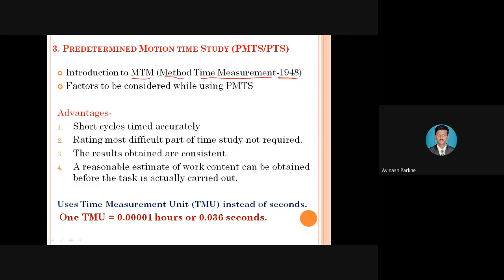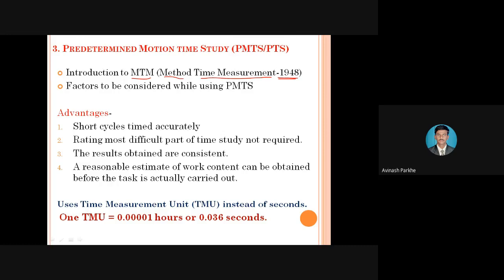If again modifications take place, it becomes MTM3, then MTM4. Like that, a number of modifications take place, and accordingly the name is given in the form of 1, 2, 3, 4. And this PMTS, predetermined motion time study, is one of the applications of this MTM process.